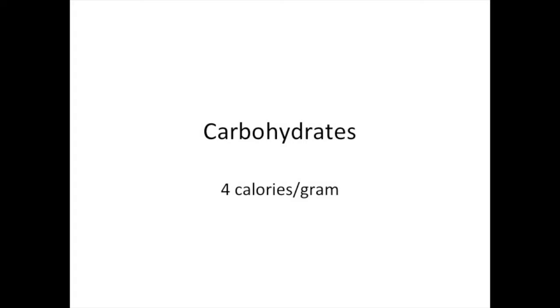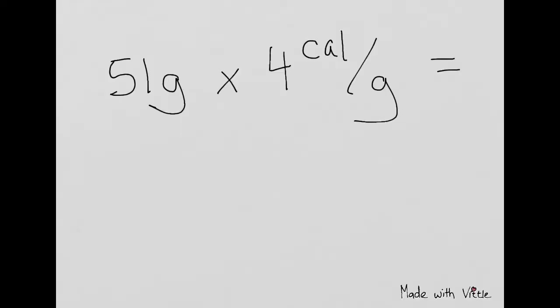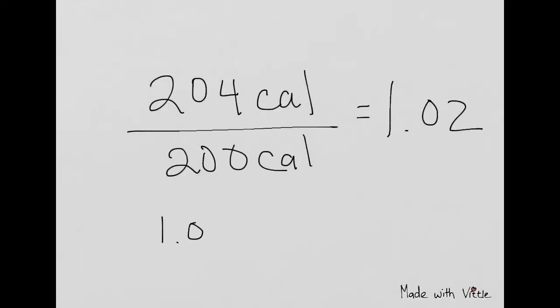This is a standard number for all carbohydrates. So 4 calories per gram multiplied by 51 total grams of carbohydrates in banana gives us 204 calories from carbohydrates. 204 calories from carbohydrates out of 200 total calories in the banana gives us 102%.